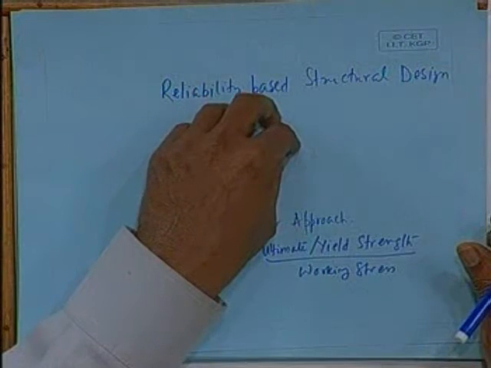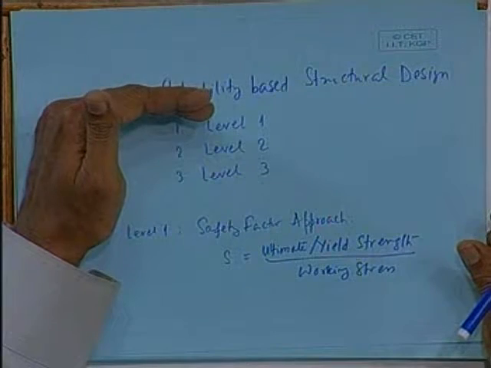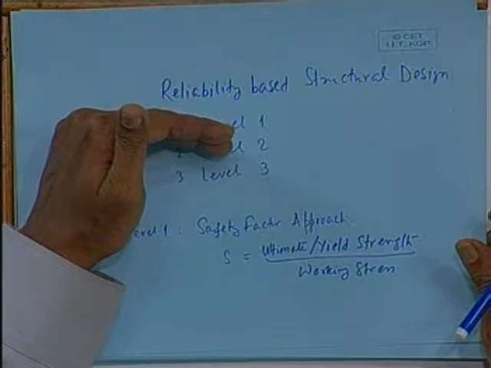It is called level 2. Even that has not been implemented into codes. Our entire structural design in ships is still based on level 1 analysis. Am I clear? Okay, now there is a very interesting thing I want to bring to your notice.